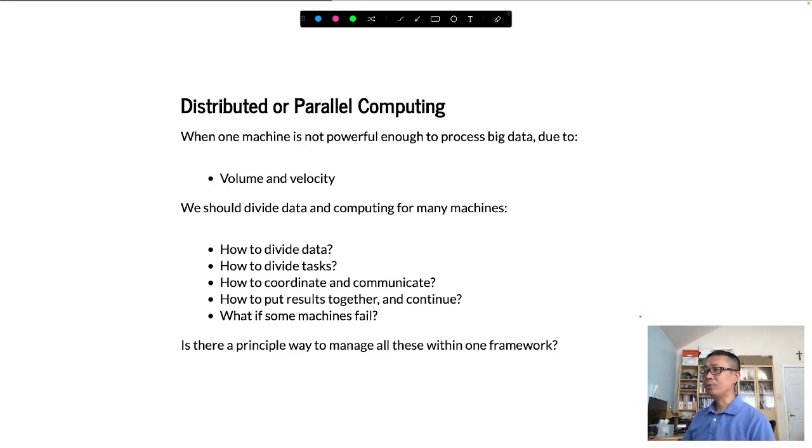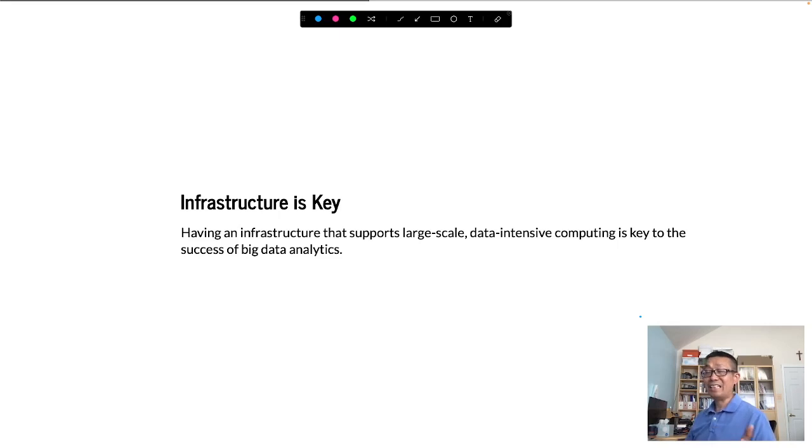If they fail, can we pick up from where they fail, and how can we coordinate all the machines together in such situations? So is there a principled way to manage all these within one framework? That is a very important question in today's big data environment.